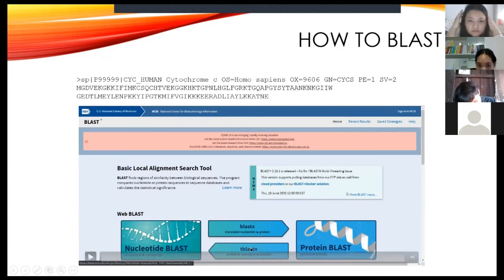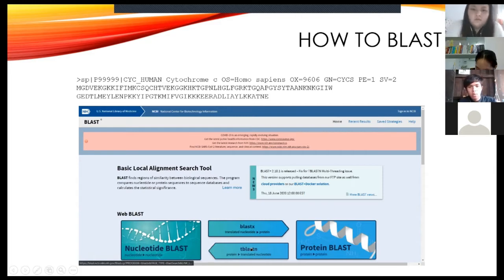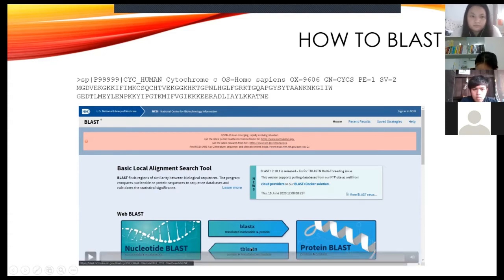Basically, if we have FASTA format, the text looks like this, just a text file, with a greater-than sign and some IDs in one line, and then the amino acid sequence. You see this amino acid sequence, just a short one. So you have a text file with 3 lines in Notepad, and we save it as FASTA.